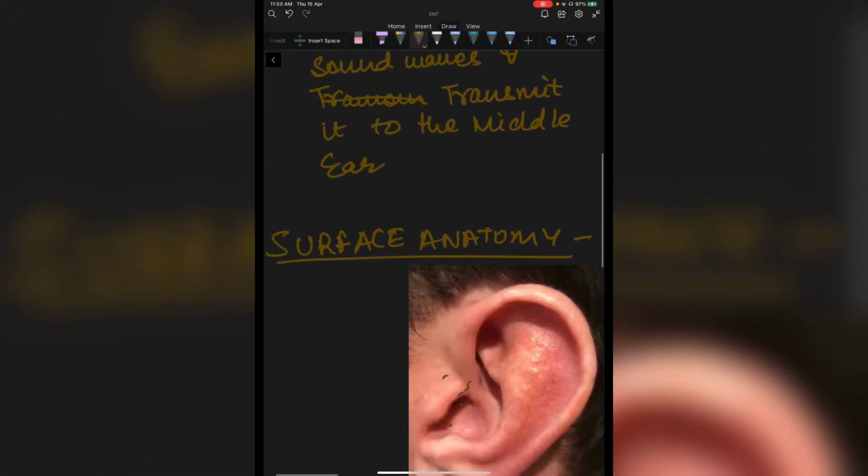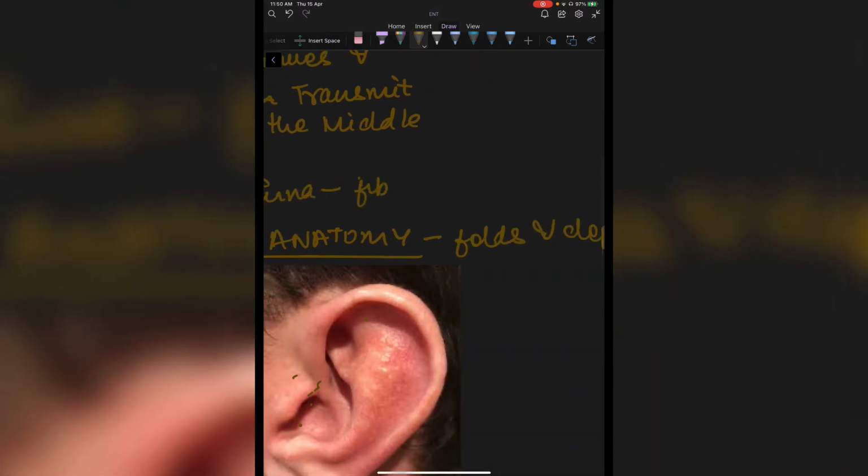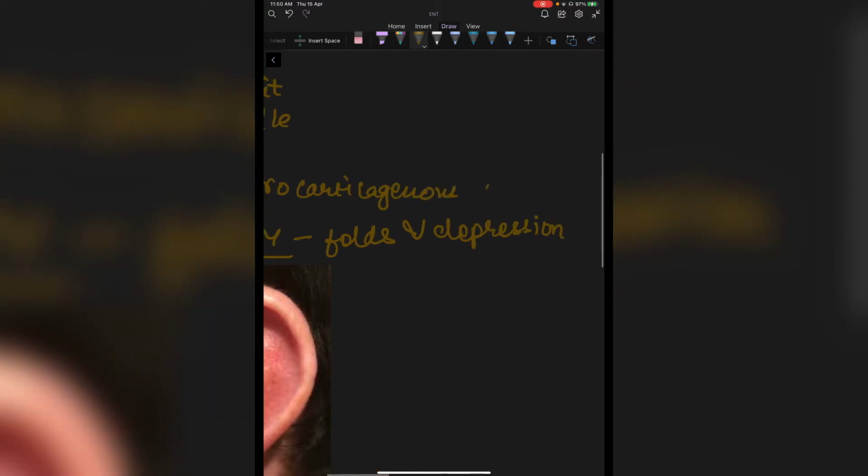Now, one important point is that your pinna is a fibrocartilaginous structure.